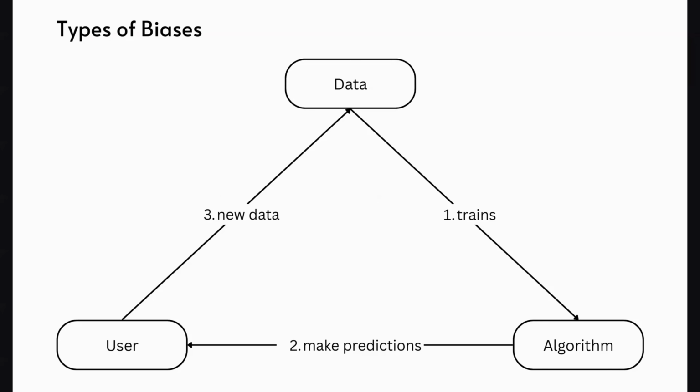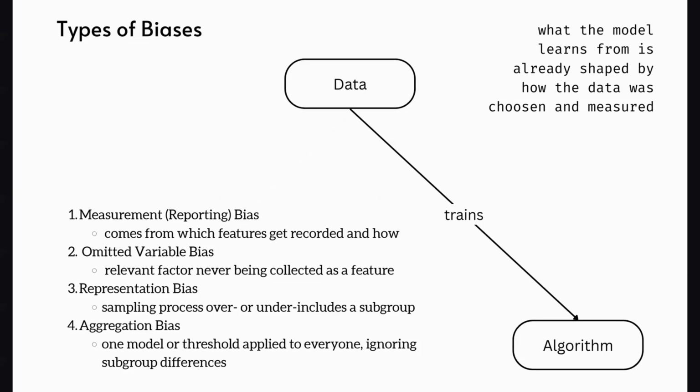Basically, the biases do not lie on each of the three nodes, rather they lie on each of the three edges, the three connections in the whole loop. Let's start with the first one, the data to algorithm edge.